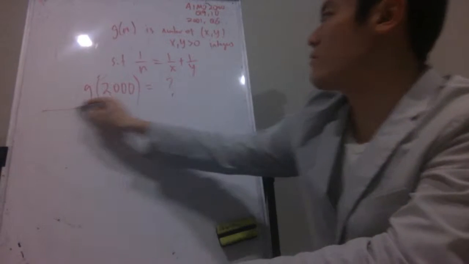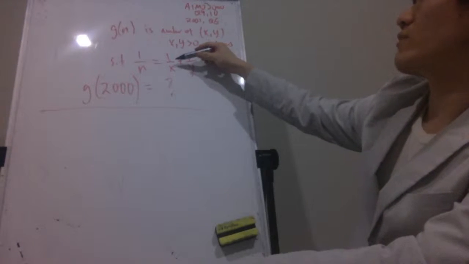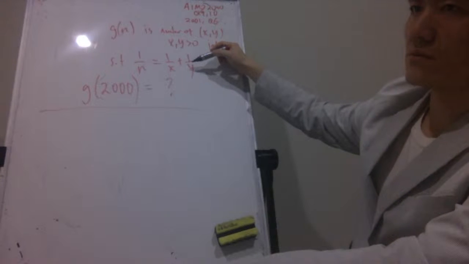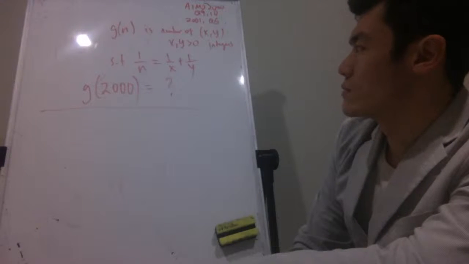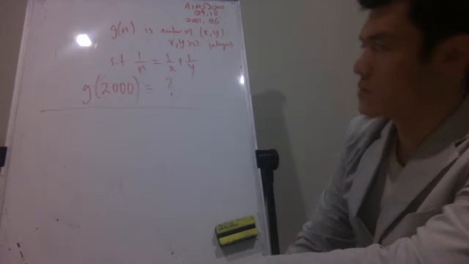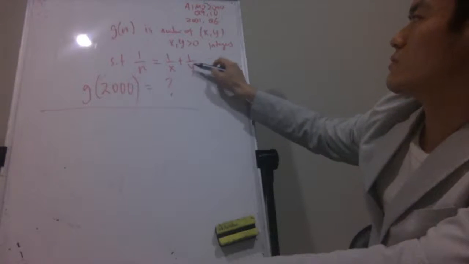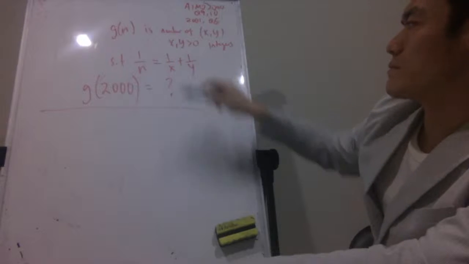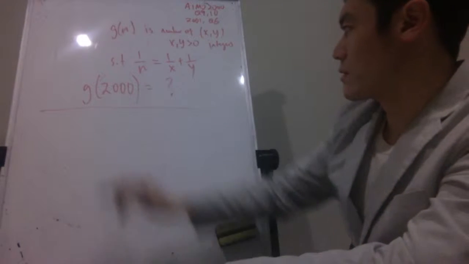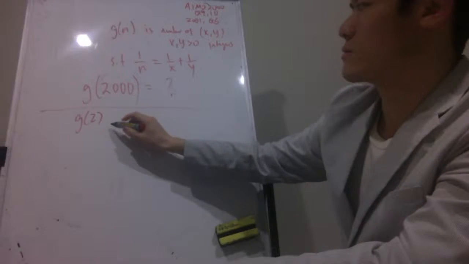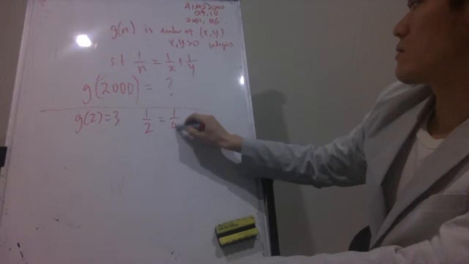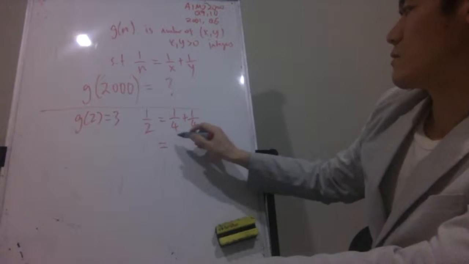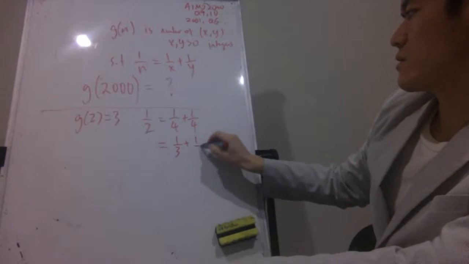For g of 1, obviously 1 can only be a half plus a half, and anything else will be too small or too big to add up to 1. It gets kind of interesting when you look at g of 2, because a half equals a quarter plus a quarter, and it also equals a third plus a sixth.